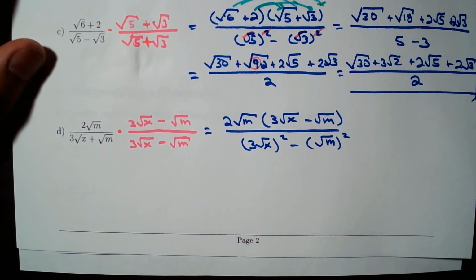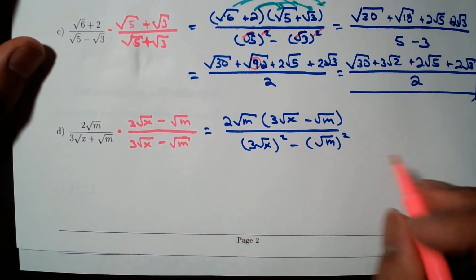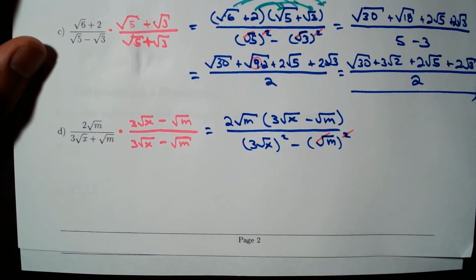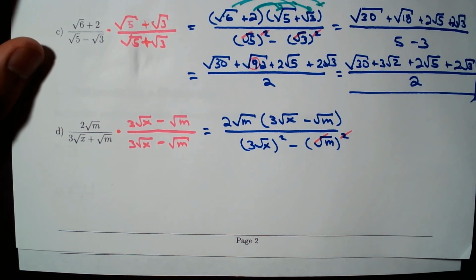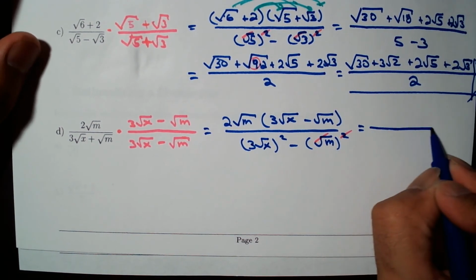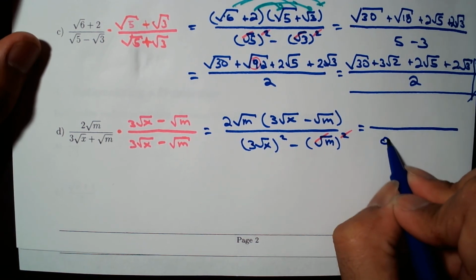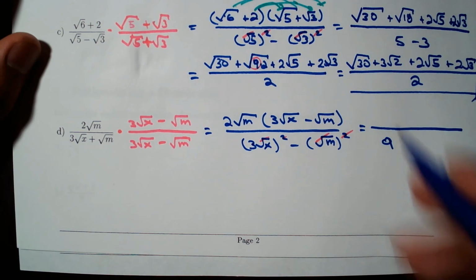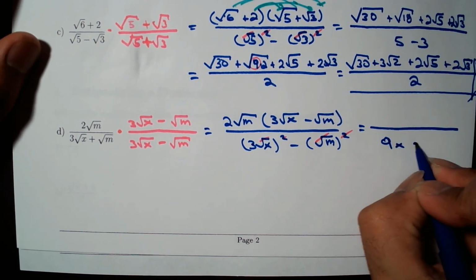What's going to be for this? Well, number 1, cancel this radical to give us an m. And in this case, first of all, I'm going to have a 3 squared, which will be 9. And then we're going to cancel the radical with the square to give us simply x. 9x minus m.